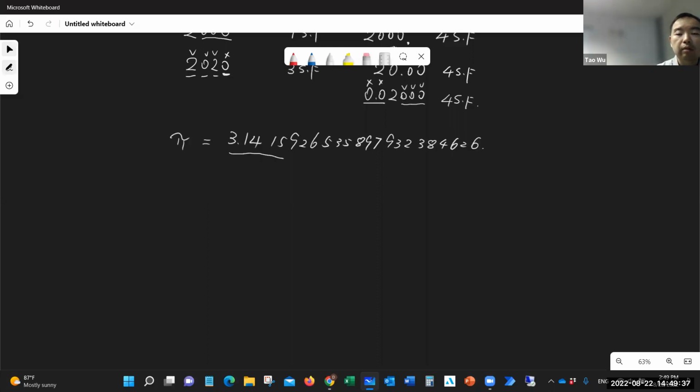Okay, so this is how much that I can remember for the pi. But obviously you don't need that much, right? But how can we cut those long tails to get the required numbers?